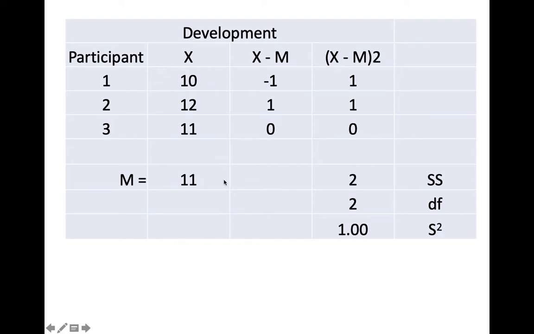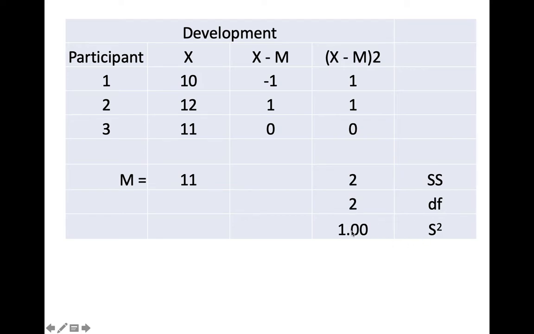So we do that using the same old approach that we've been using all semester, which is to take the deviation of each score from the mean, square that deviation, take the sum of the squared deviations, and then divide by degrees of freedom, 2, not N, which is 3, because we're getting an estimate of population variance. If we were just interested in getting the variance and the standard deviation of this particular sample, we would just divide by 3. That would be a descriptive statistic.